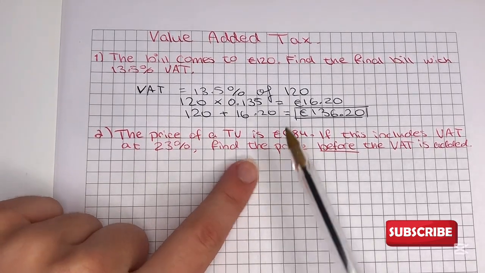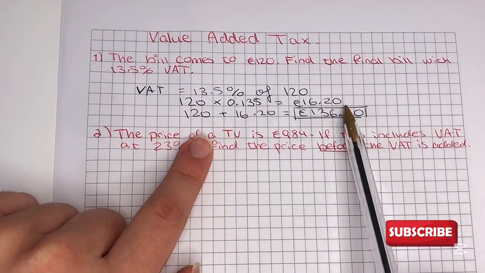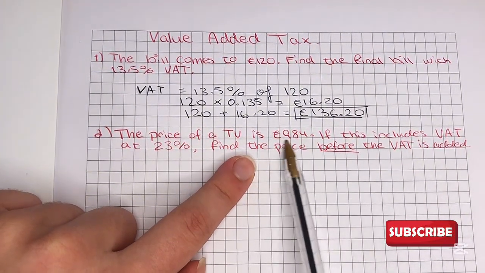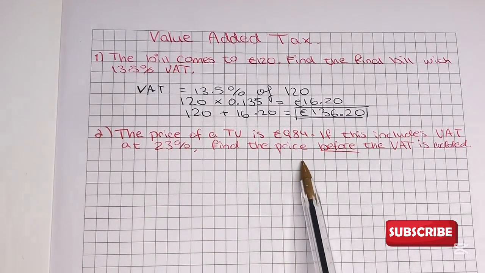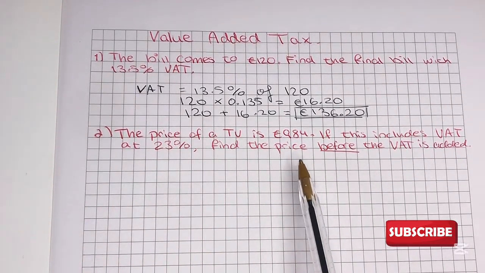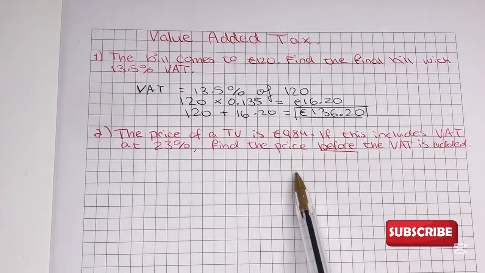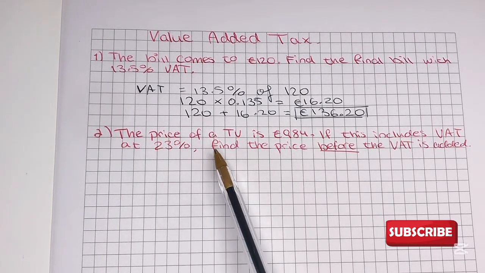Remember how I mentioned in the first question that this isn't the actual amount we're paying. We're paying this amount. But it's the opposite here. We're working backwards. This is the amount we are actually paying, but they're asking us to find the amount before the tax was added. So the tax is already within this amount. We just have to take it away and find out how much the cost of the TV actually is.